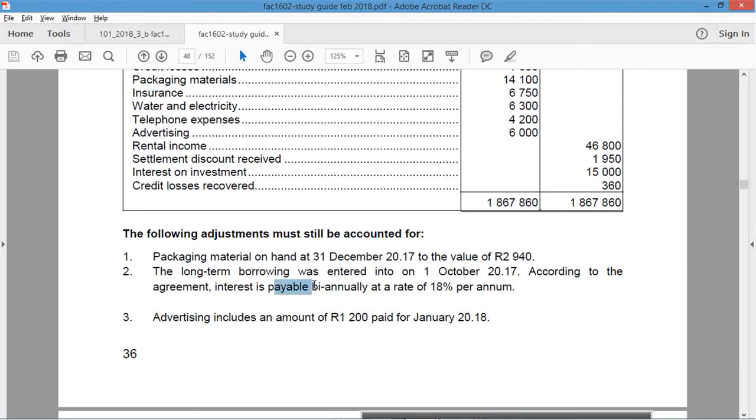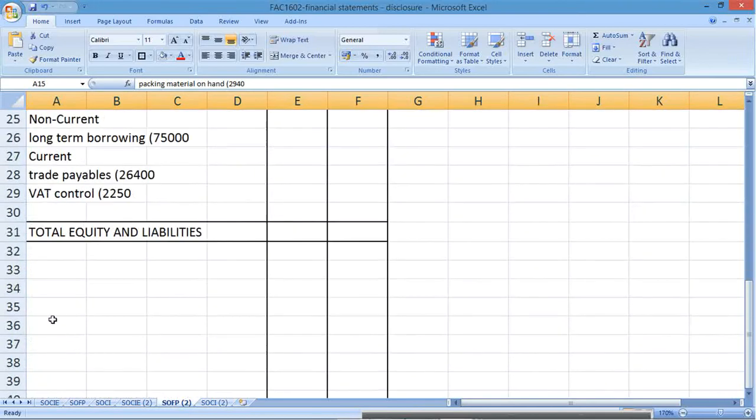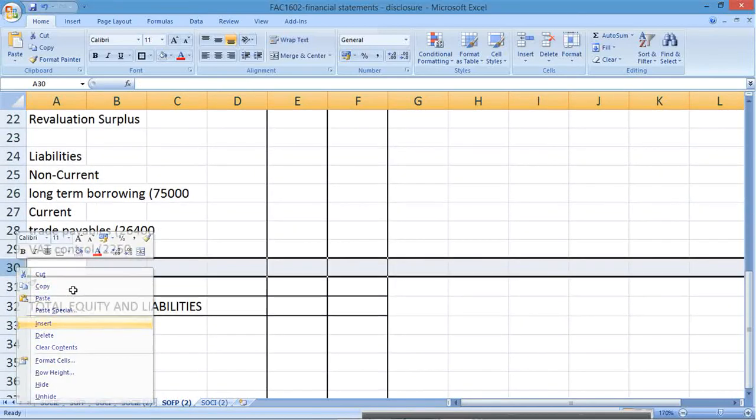Payable expense. So, what do we call an expense that's payable? A liability. What type? What's the name for the liability? Accrued liability. Okay, so you would show an accrued interest expense line item there.